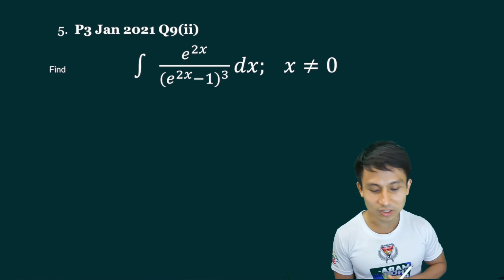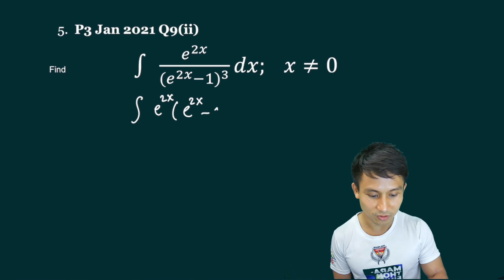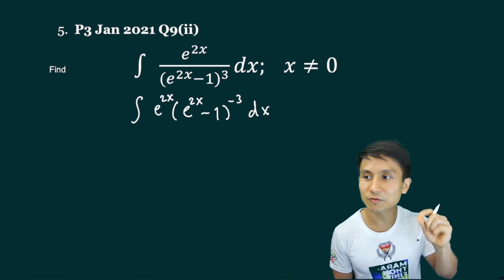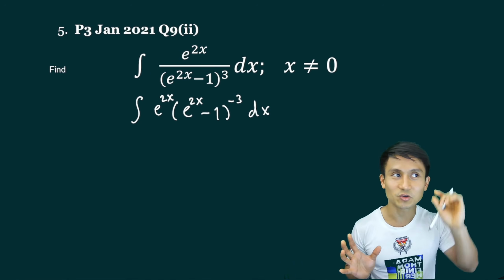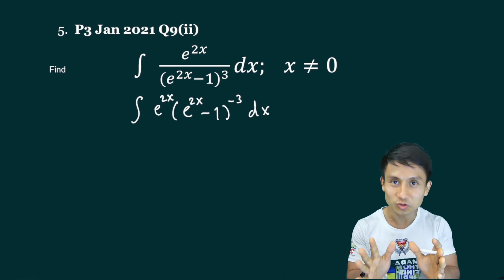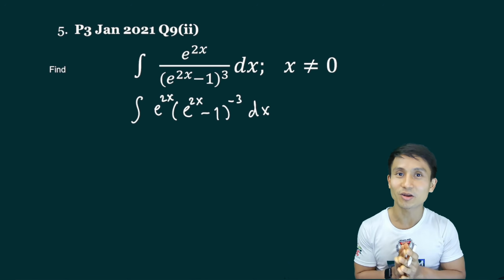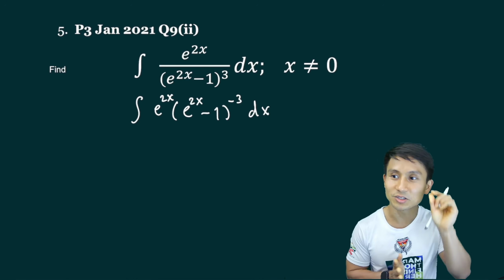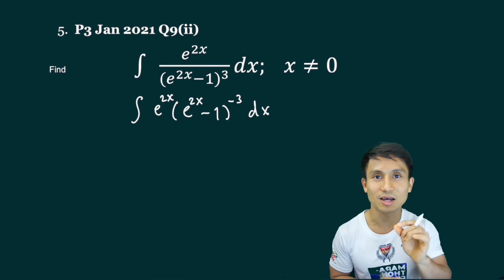Whenever you see anything like this, you can check yourself if you have one of the rules or not. So this can also be written differently. Of course, you can try differentiating the whole denominator to see if you get the numerator or not. If you try differentiating the bottom, you will not get the top because you have the power 3 there. The annoying part is the power 3 there. It's not the first form then.